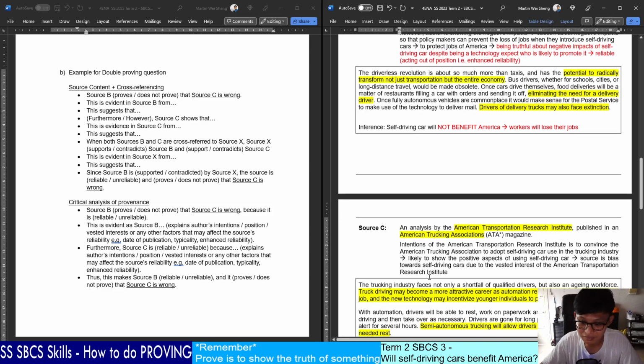So given that the source is biased towards self-driving cars due to the vested interest of the American Transportation Research Institute, we can safely conclude that it is unreliable. Okay, due to vested interest.